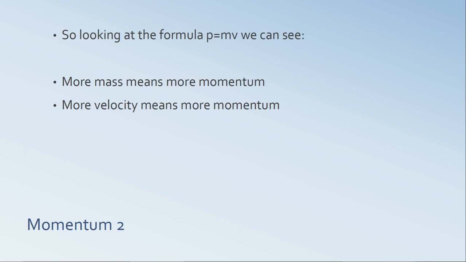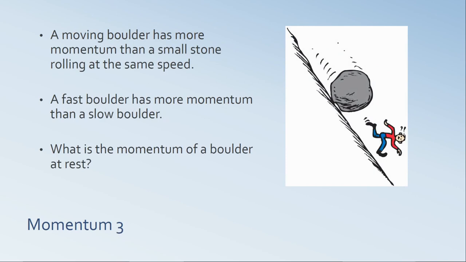Looking at this formula, we can see that if we add more mass, momentum is going to increase, or if we increase the velocity, we're going to increase the momentum. And this makes sense if you just think about things.